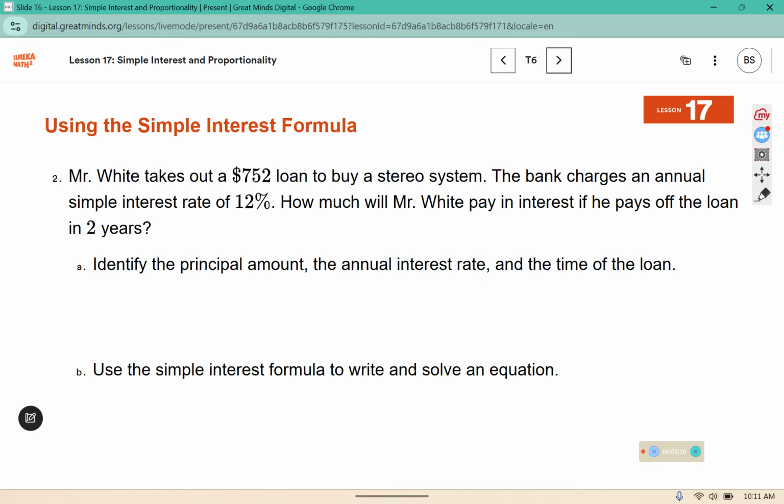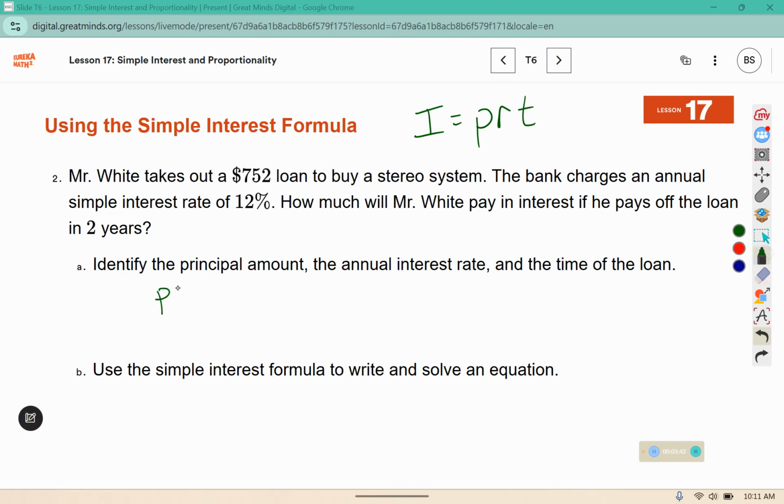So Mr. White takes out a $752 loan to buy a stereo system. The bank charges an annual simple interest rate of 12%. How much will Mr. White pay in interest if he pays off the loan in 2 years? So interest is the principal times the rate times the time. So the principal, identify the principal amount.